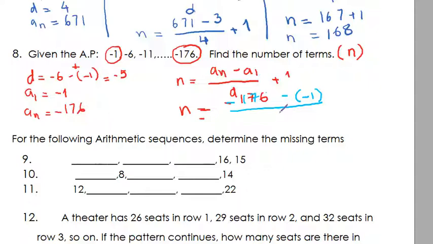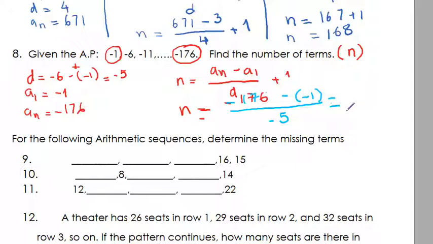So all divided by d. d is negative 5, sorry, negative 5. Let's compute this.